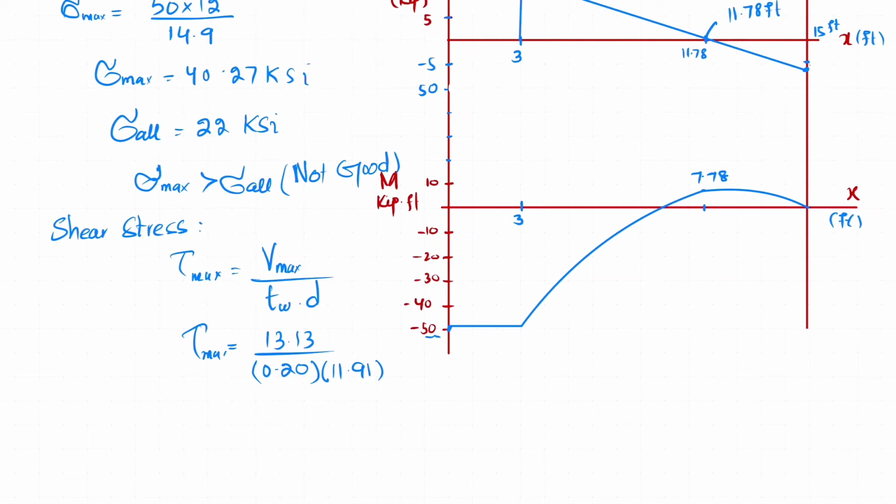When you calculate it, you get maximum shearing stress of 5.53 ksi, which is less than tau allowable, because tau allowable was 12 ksi.